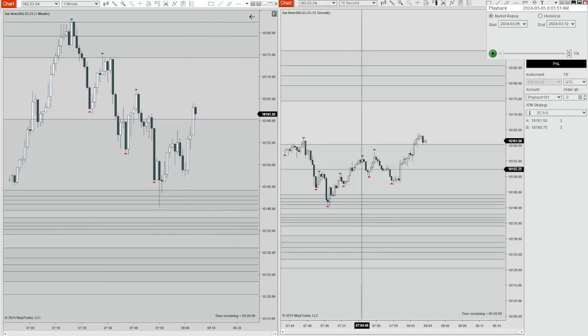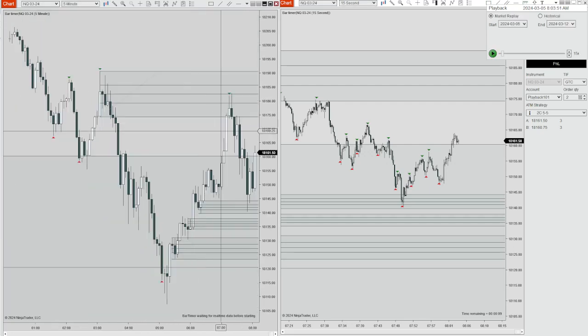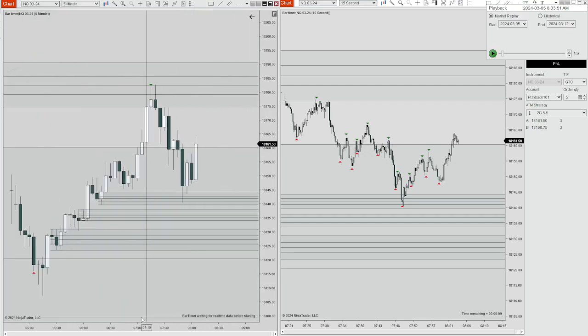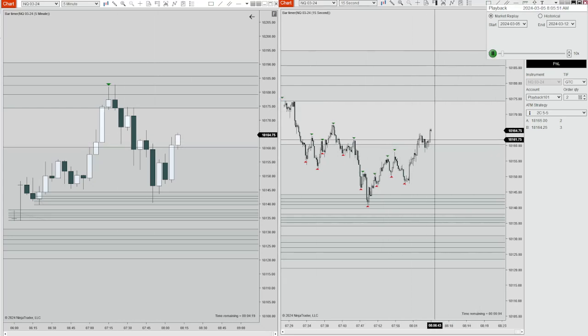A fairly strong move. And if we look at the 5-minute, I believe we just got a 5-minute valid low, potentially a 5-minute valid low coming in, right? So not quite, but still pretty bullish.